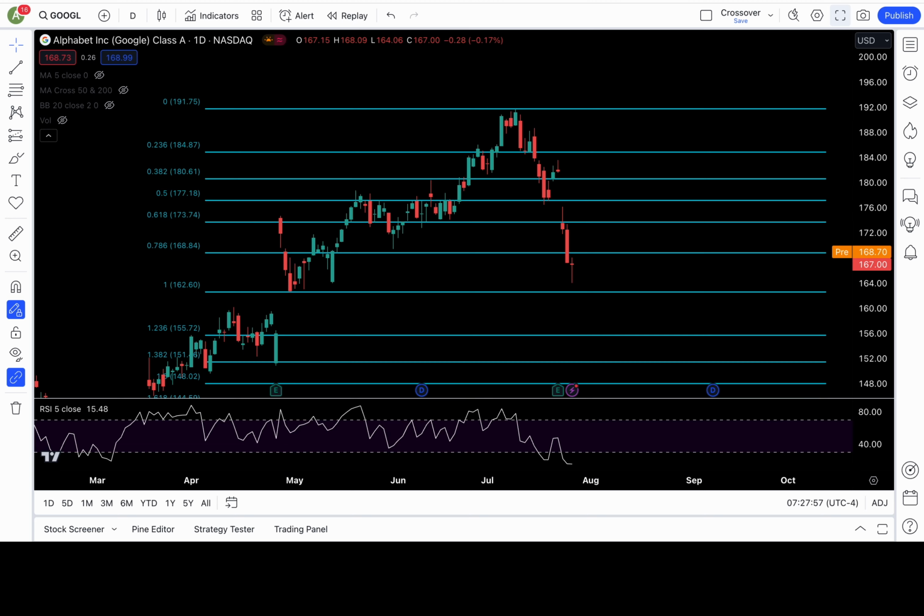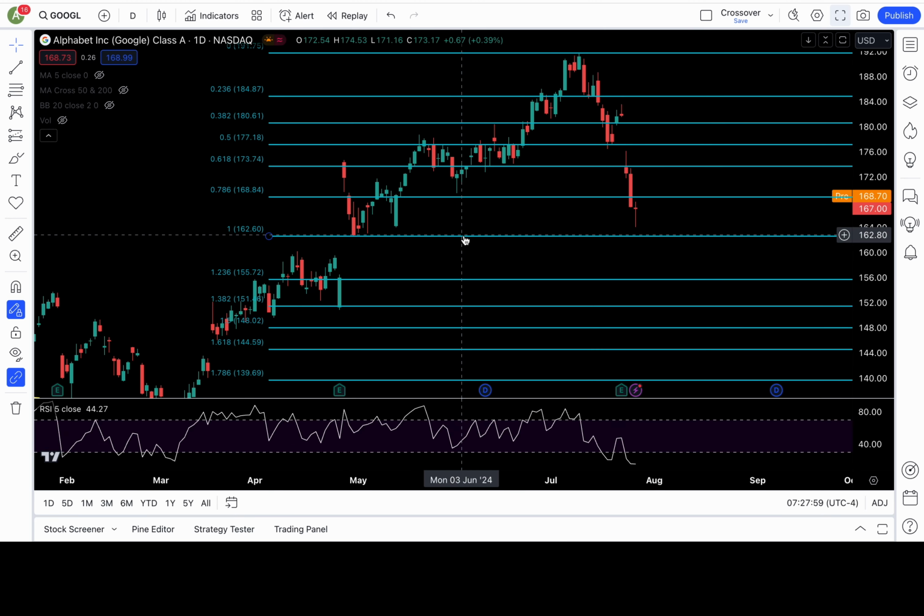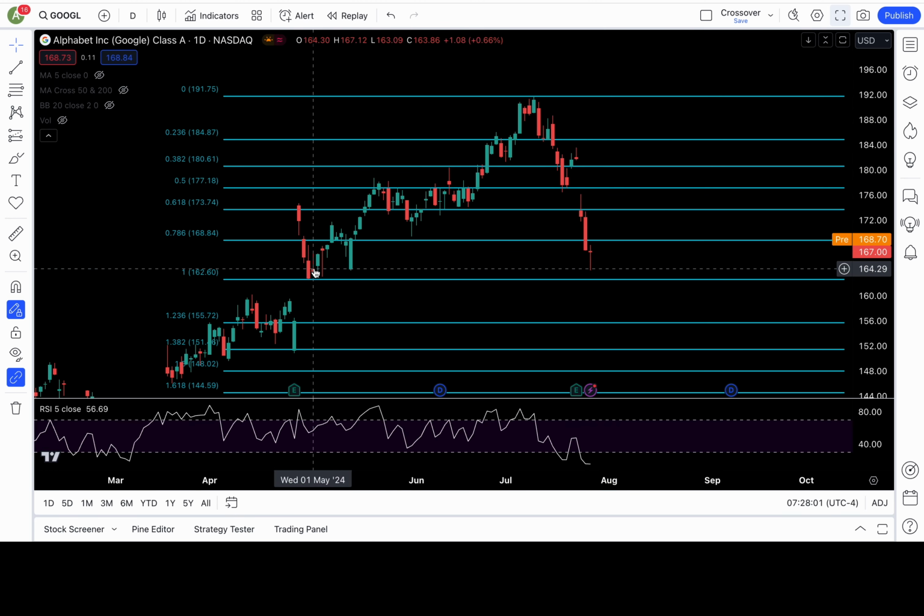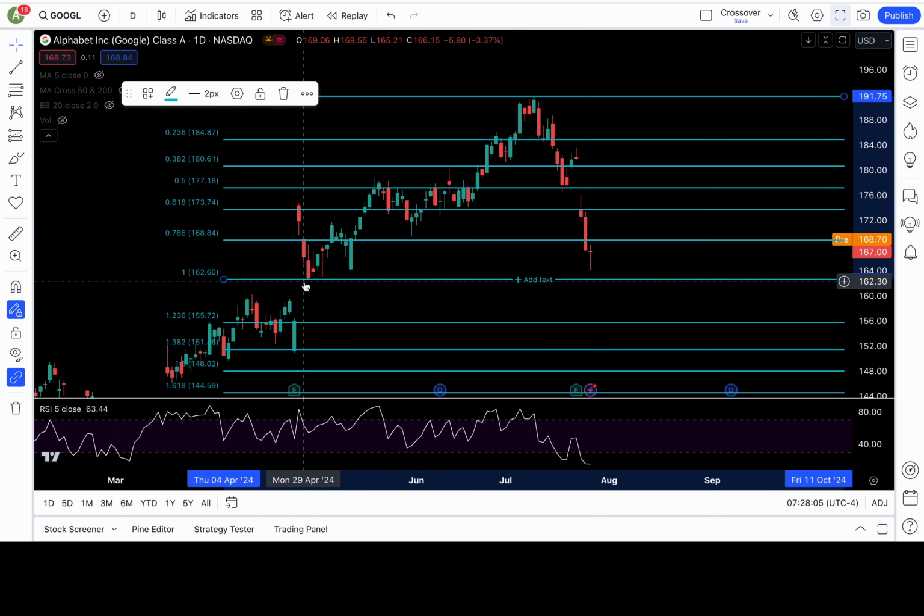Now for Google with the L, I already have it set up here. I had fib levels from right here from April 30th low all the way up to all-time high. So the resistance levels I have right now for Google with the L is 168.8 and 170.